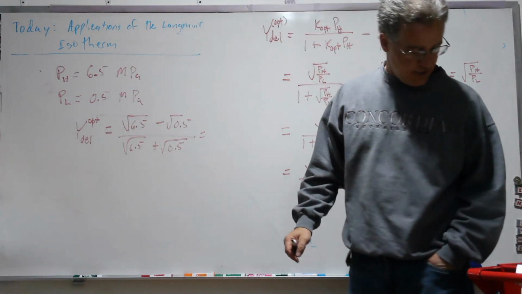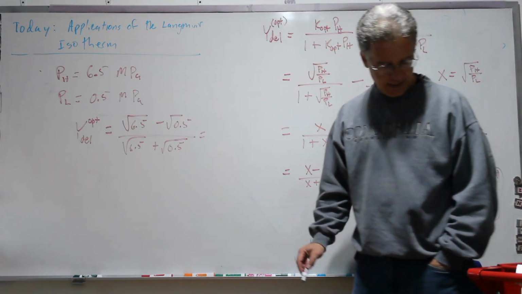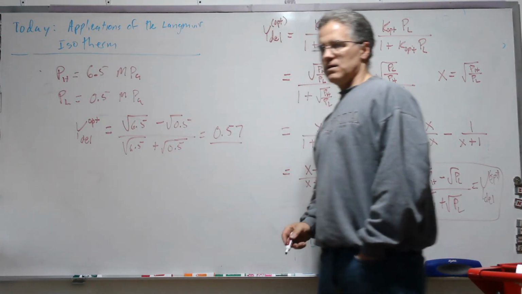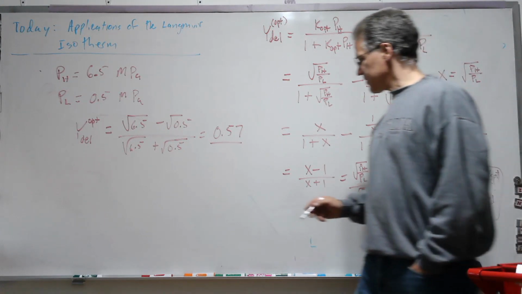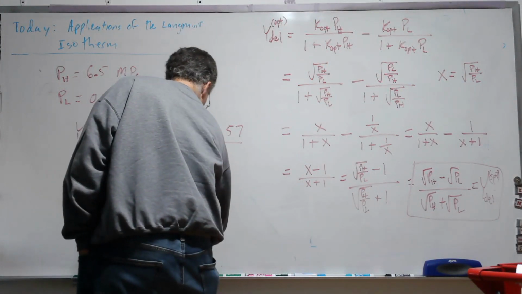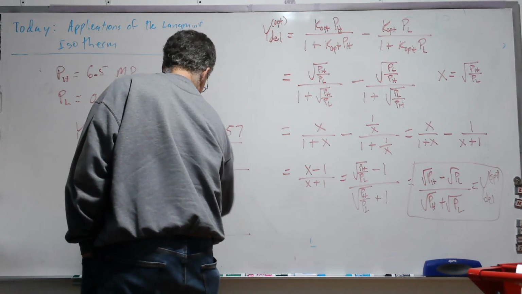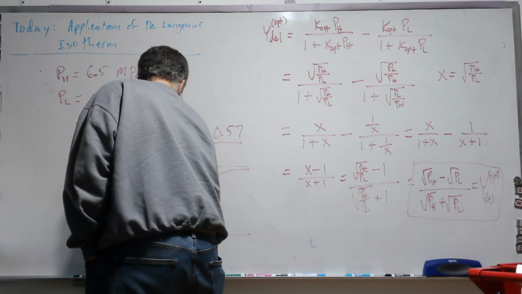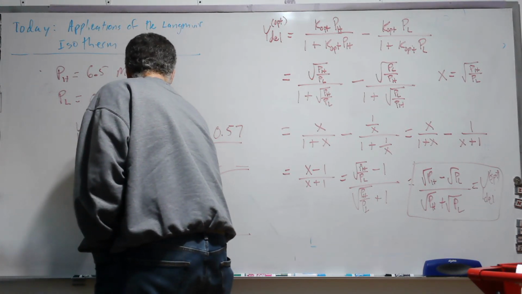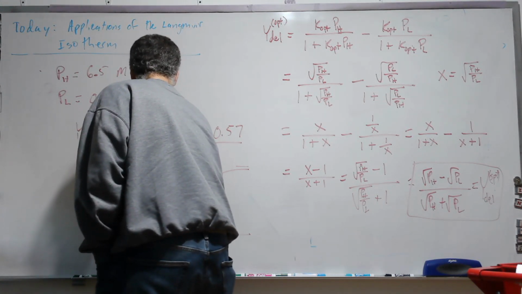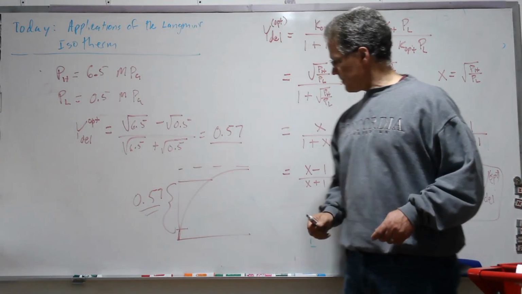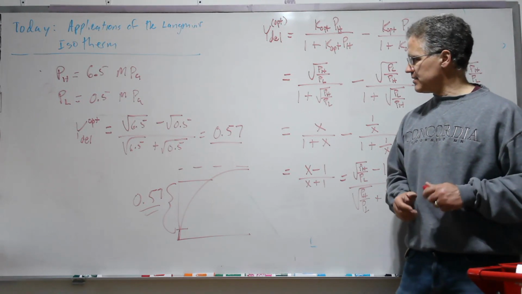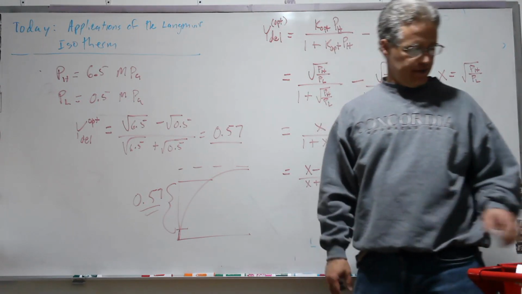And we can work that out, and I think that comes out to be 0.57. So when we're looking on the graph, we're getting a range here. And given this curve, that's not too bad. So 57% there.